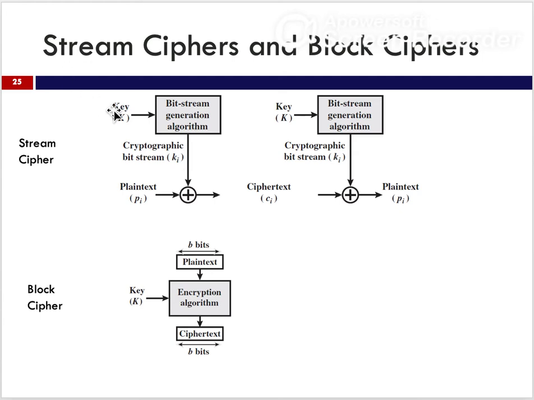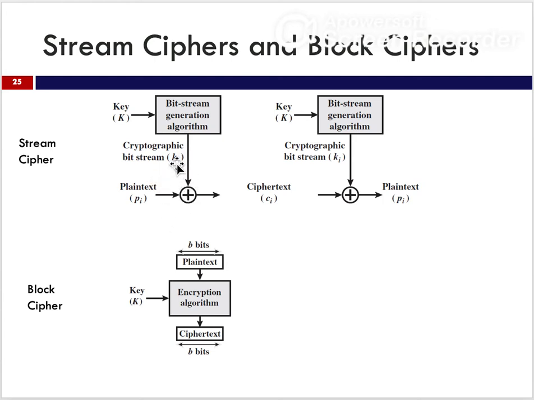Like here, if I give a key, let's suppose 128 bits, my bit stream will be maybe 2 raised to the power 128 bits. It will generate a really long key stream. We need it because we perform this encryption using XOR bit by bit with plain text and key stream.